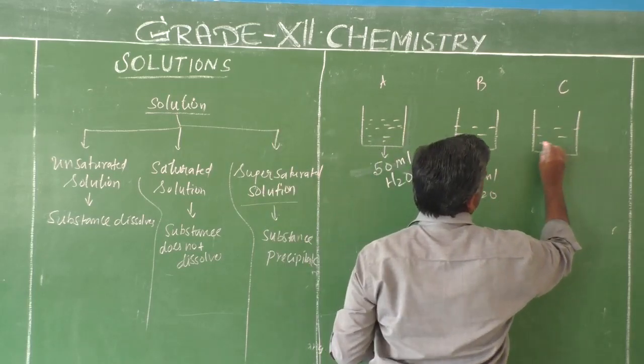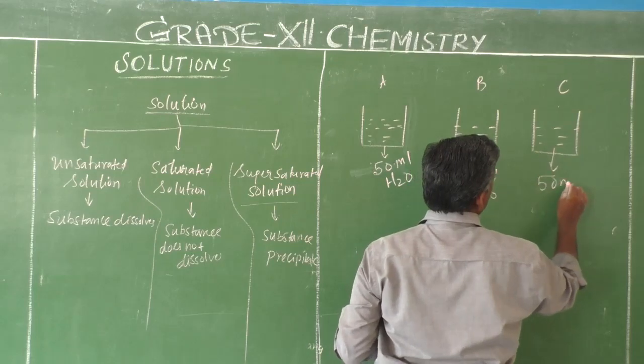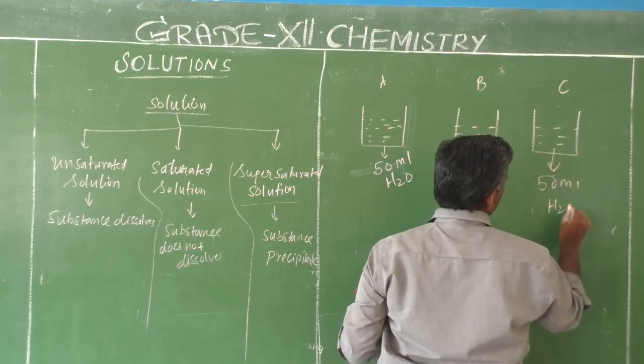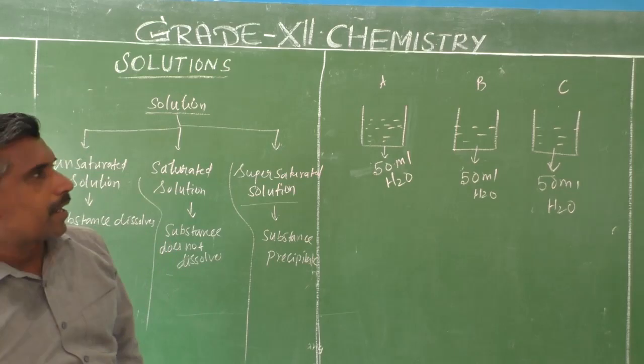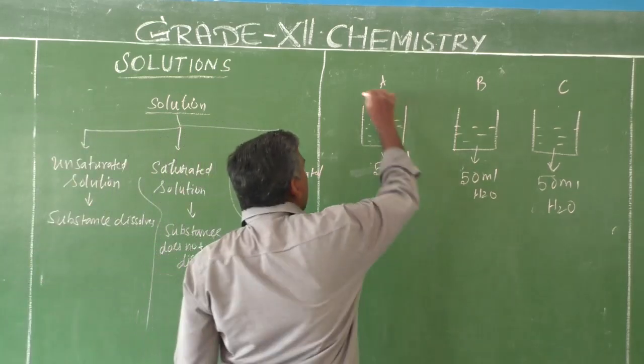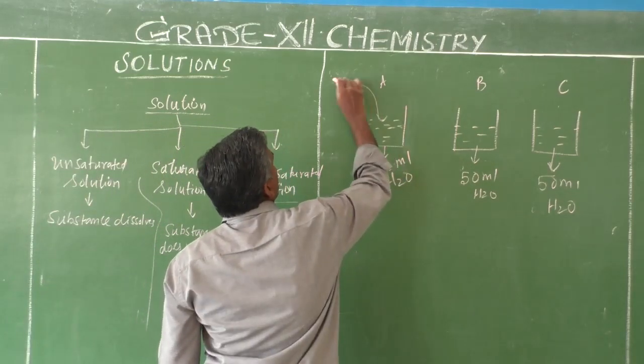Beaker C, same amount of water, 50 ml. Now you add sugar.